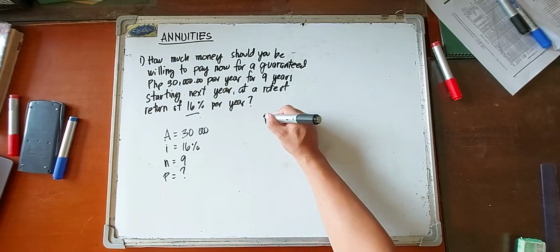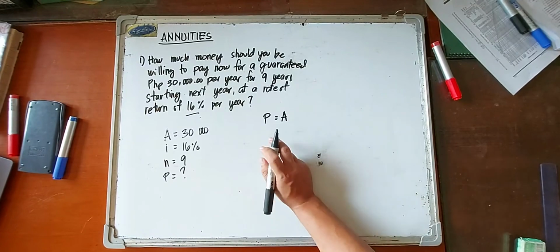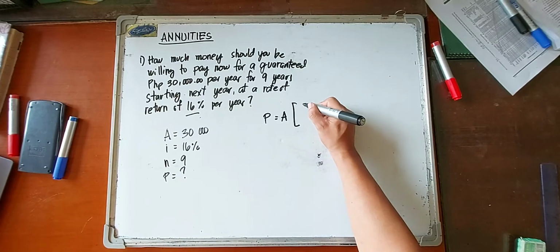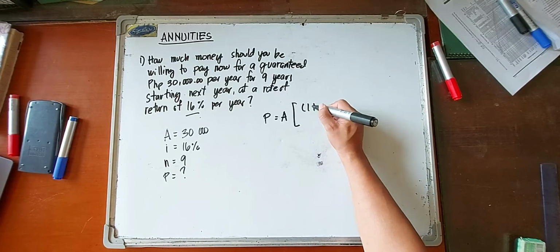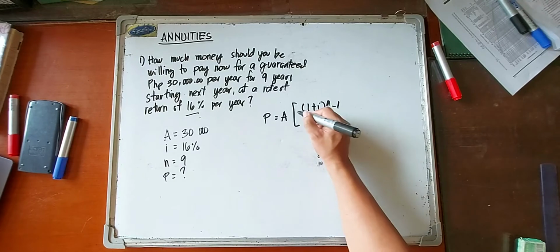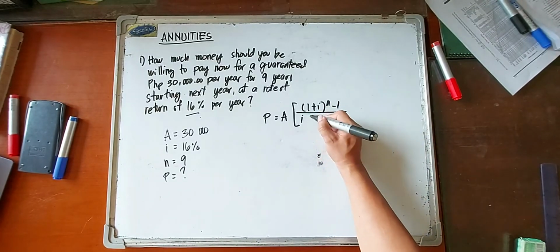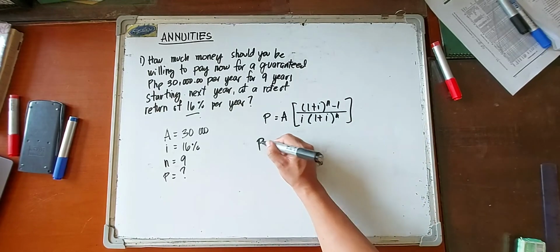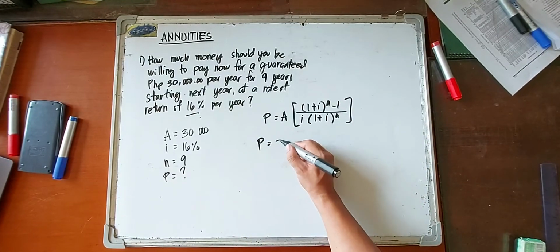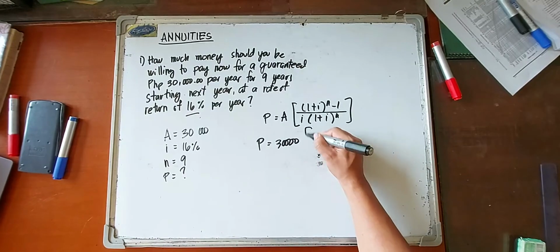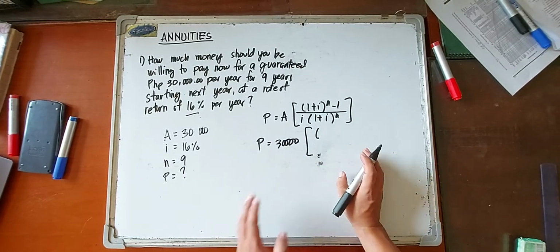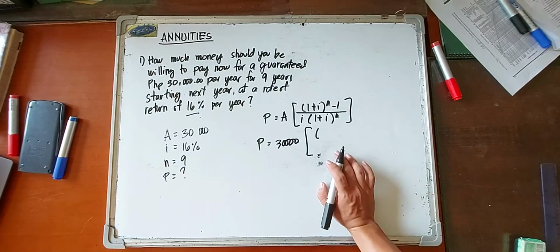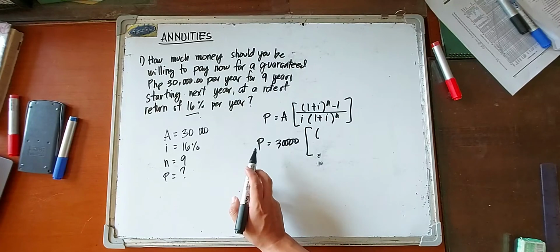So I'm going to use this formula. We have 30,000 times, so multiply natin yung uniform series present worth factor natin since we are solving for the present worth.